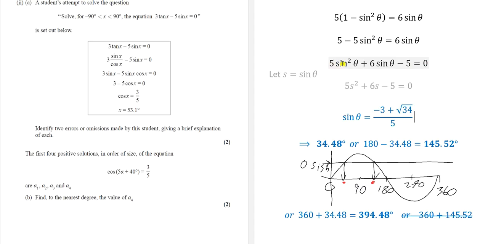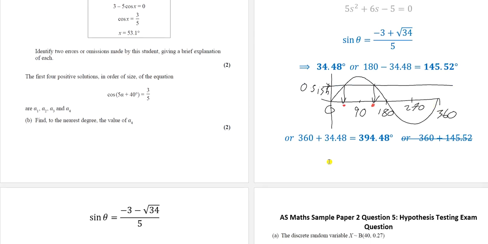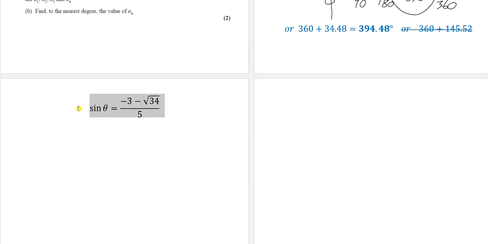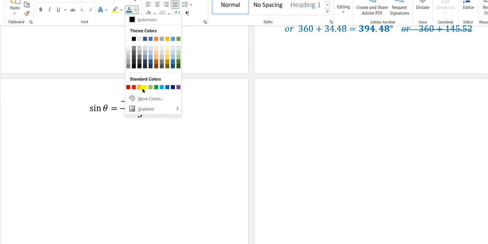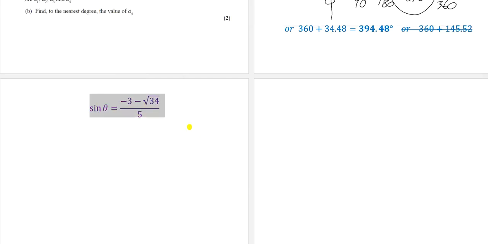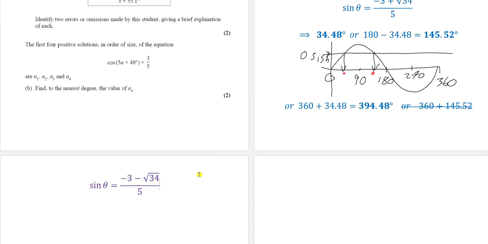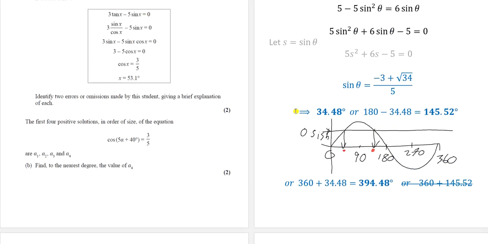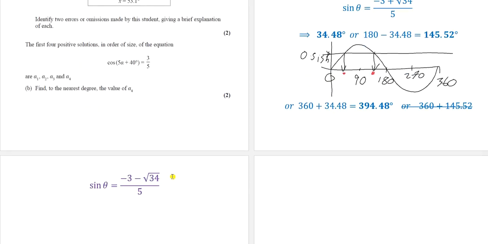But it's a quadratic, so there's probably another value that sine theta could take that would cause this quadratic to be equal to 0. And that's what this second solution branch is going to do for us, potentially. We need to look into this one to determine whether or not there are other values of theta that would give a different value for sine theta, which would still solve the original quadratic.